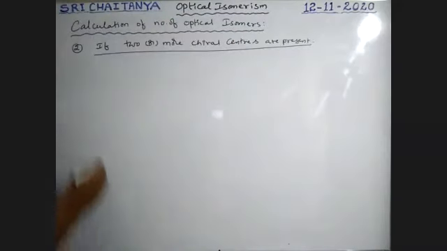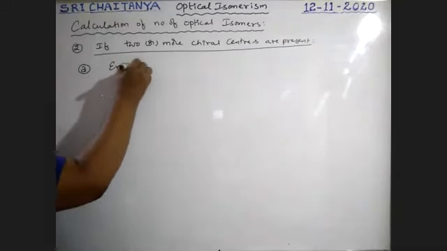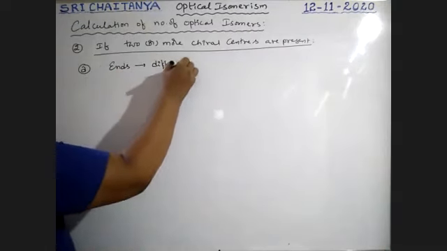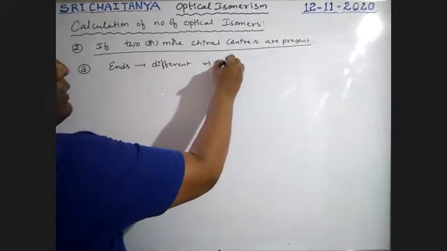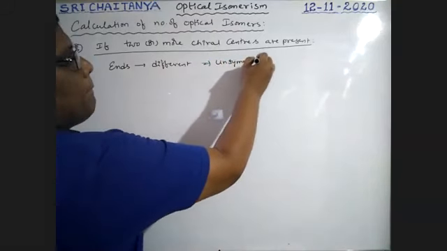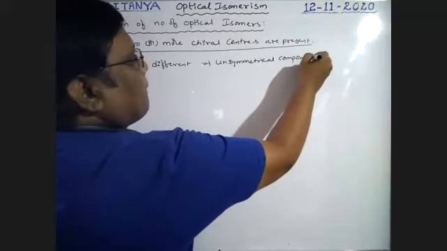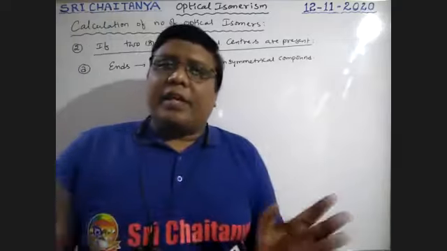See here. Case 1, that is A: ends are different, that means unsymmetrical compounds. Ends are different.